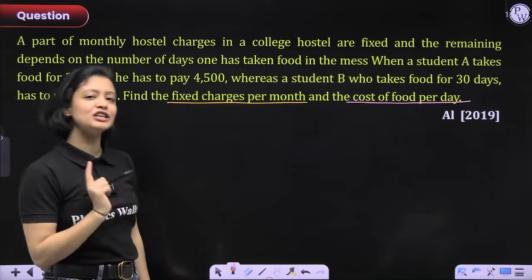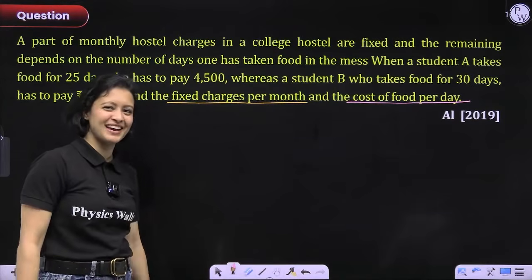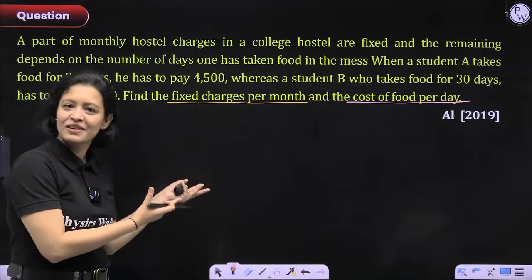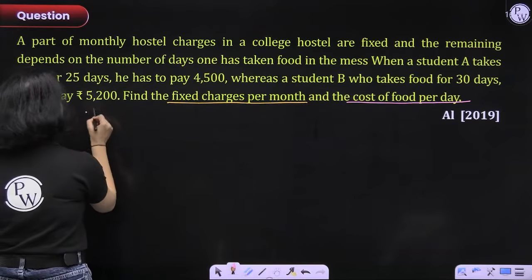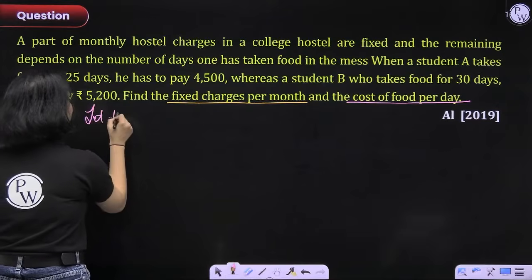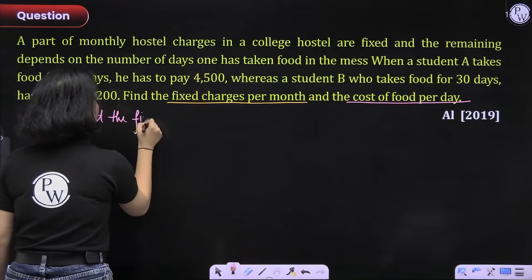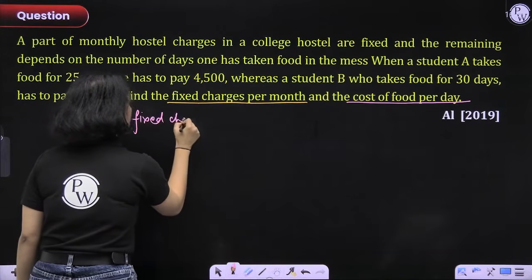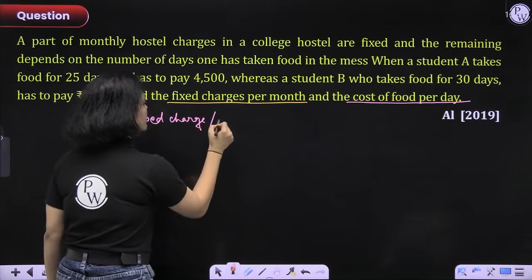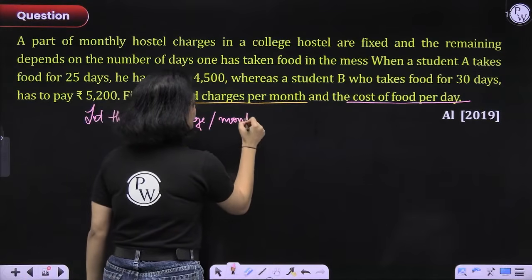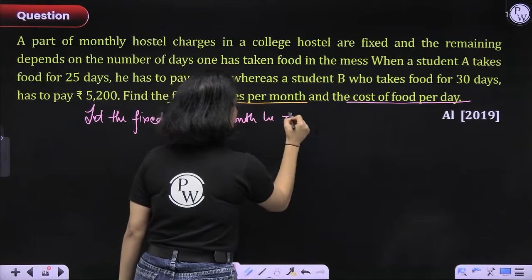So you can see the two unknown quantities. I hope you can, right? So let's assign x and y to those. So let the fixed charge per month be x rupees, everyone.